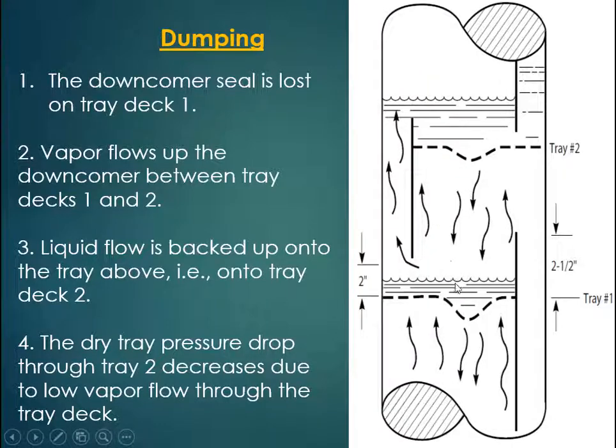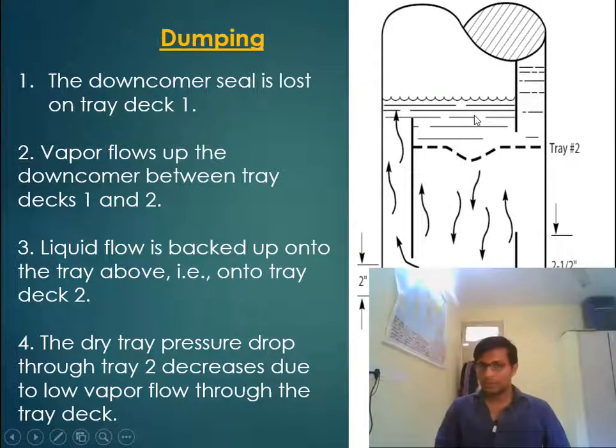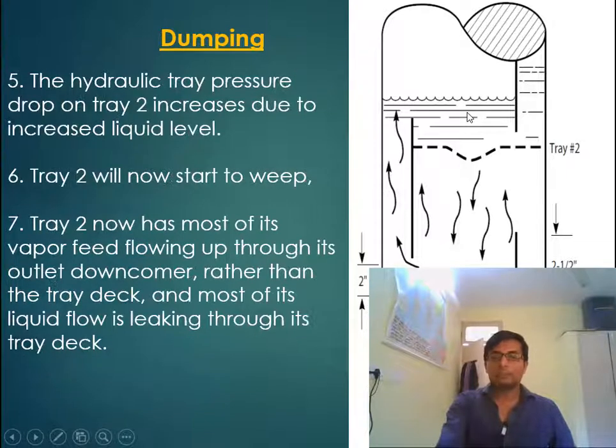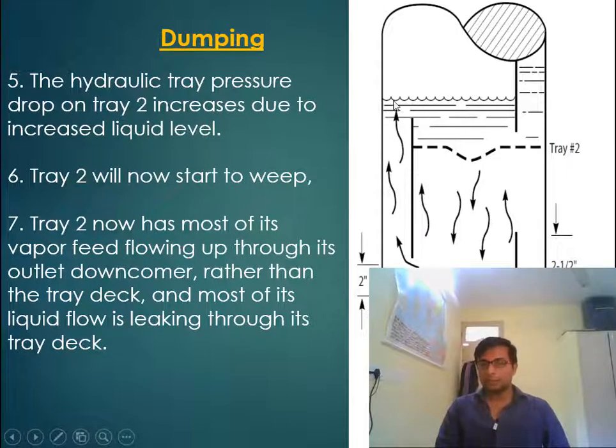One, most of the vapor is flowing through this downcomer, so very little vapor flows through the tray spacing, and because of that the dry tray pressure drop for this tray will go low. Similarly, because of the liquid backup on this tray, hydraulic tray pressure drop goes high, and that will lead to weeping on tray 1 also.